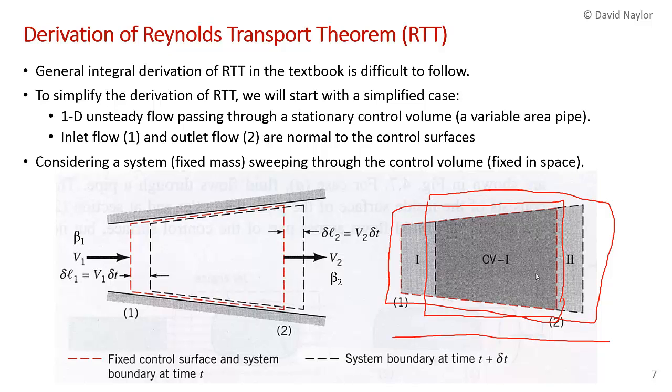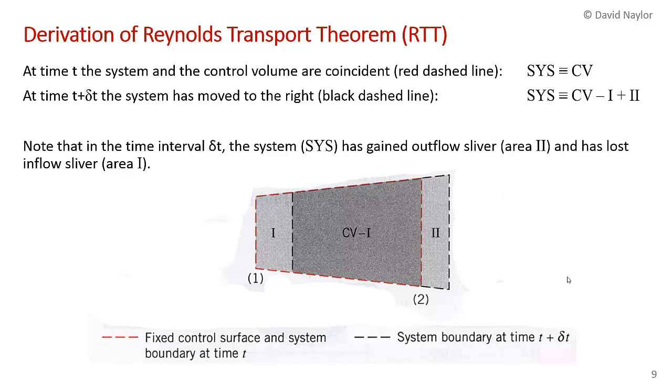So this little shaded area is the control volume minus this little sliver of area, area 1, and it's gained this little area here. So it's lost area 1 and it's gained area 2 as it's moved to the right. So let's move forward now.